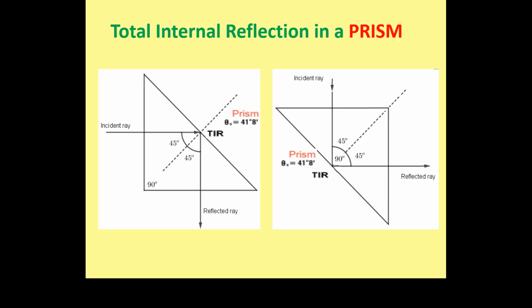TIR with respect to a prism: here the incident ray in the first image is going straight without any deviation, without any refraction, because the angle of incidence is 0. That means the incident ray is passing through the normal. Then at the other surface, the angle of incidence is 45 degrees, which is greater than 42 degrees, the critical angle of the prism.